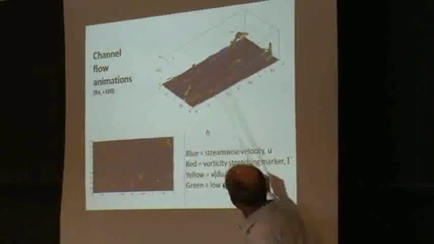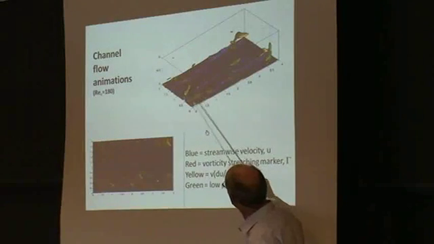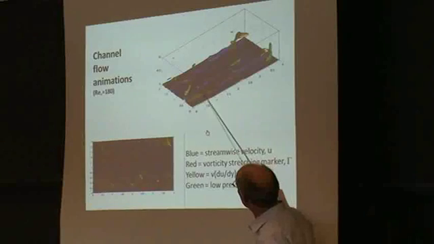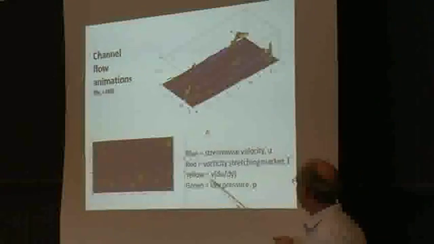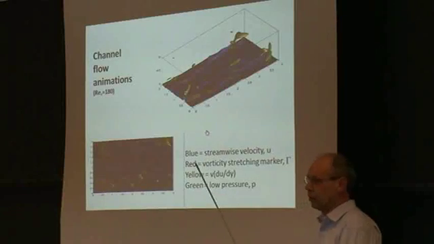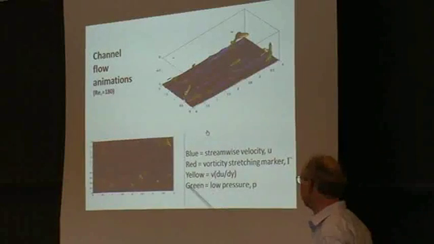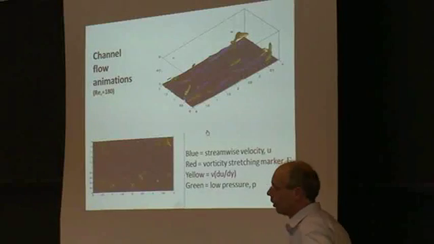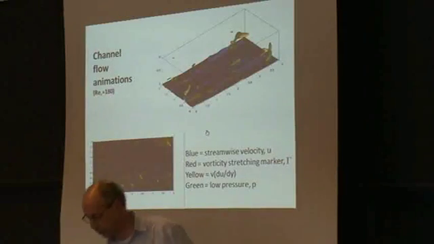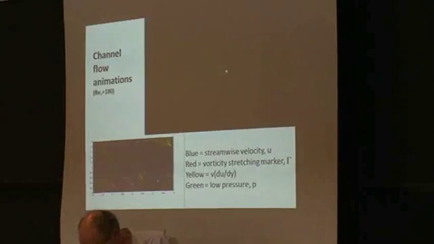These bits you see in this animation are basically located within the high speed streak regions. The yellow is dV/dy, which is going to show you lift up of fluid, and the green is low pressure, which marks where big events are happening within the flow, so very low pressure.